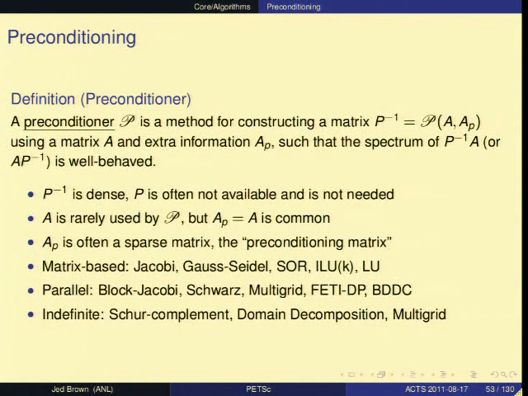There's matrix-based methods. These are sort of purely algebraic, and they use assembled matrices, and they do some decomposition. And then there's various classes of parallel methods, and for indefinite problems, or stiff wave problems, you have to do extra things because these methods tend not to work well.